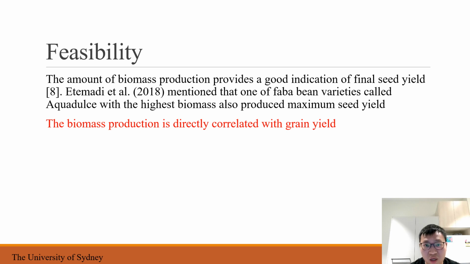This page shows the evidence of feasibility that biomass production is directly correlated with grain yield. Based on previous research, the amount of biomass production provides a good indication of final seed yield. Moreover, Atomedy mentioned that one of the faba beans with the highest biomass also produced a maximum seed yield.